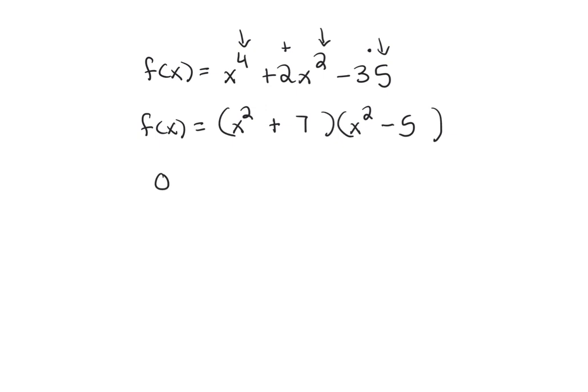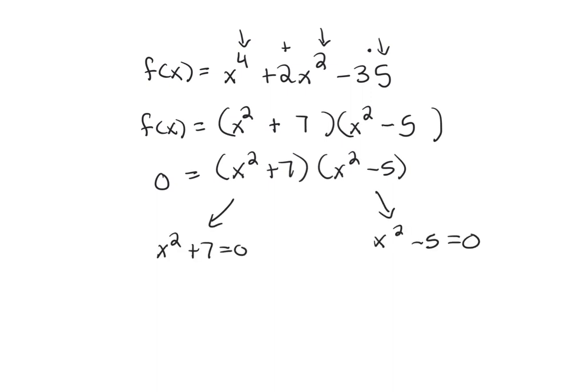And now if we set this equal to 0, now we can look to solve. So on this left one, we'll subtract 7, so x squared equals -7. And your next step is to square root. So for today's lesson, we are only finding real solutions, zeros, places where it actually crosses the x-axis.